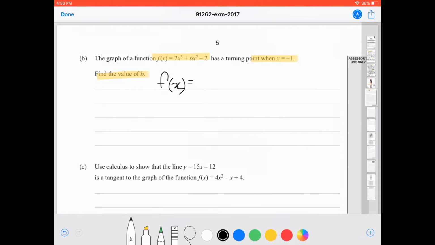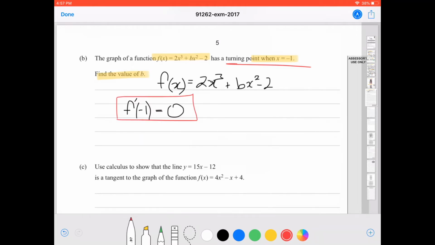We've got f of x equals 2x cubed plus bx squared minus 2. And if we have a turning point when x equals -1, then we can say f dash of -1, that is, equals 0, because, again, at the turning point, the gradient is 0.